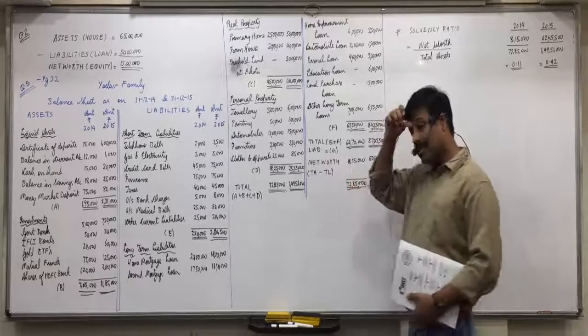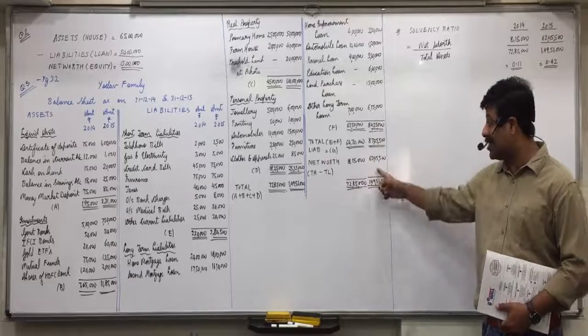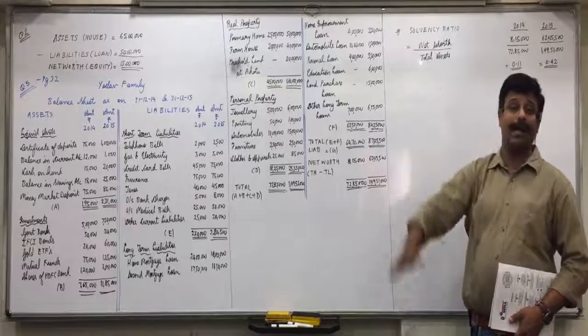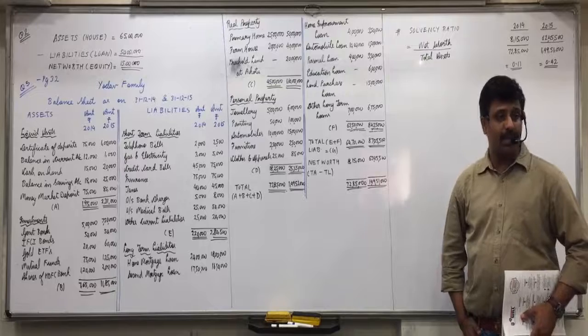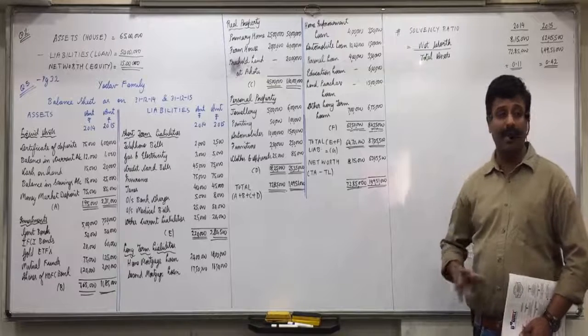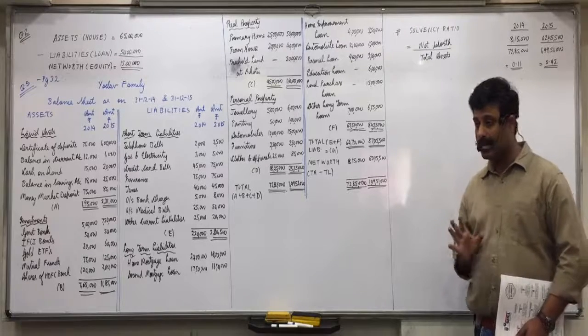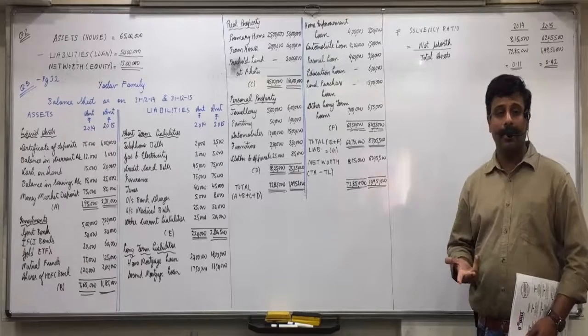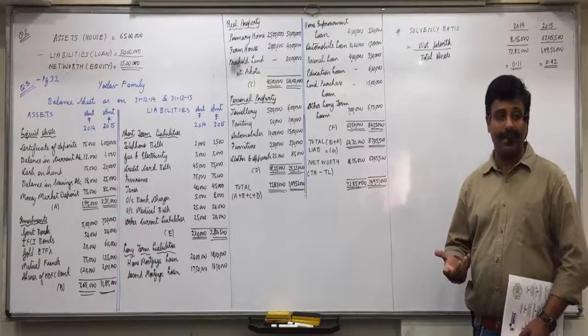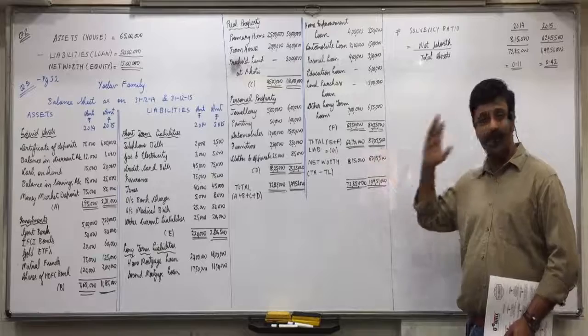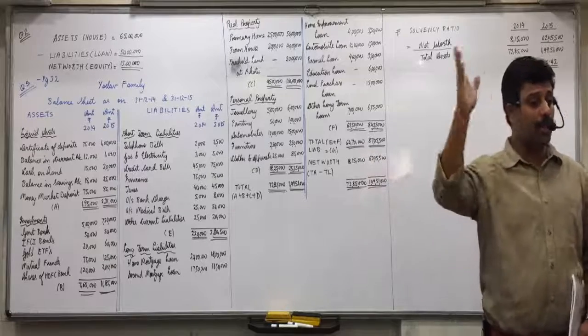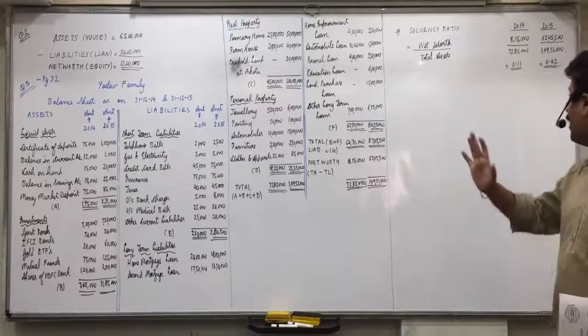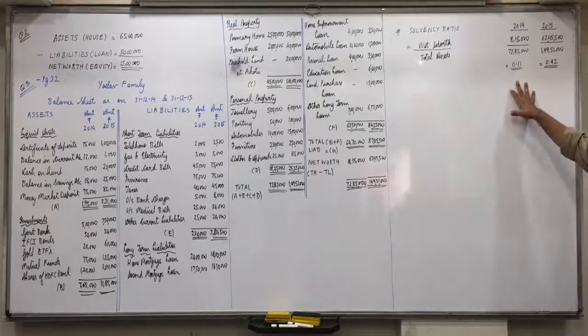From 8 lakhs, straight away your net worth has increased to 62 lakhs. So your financial position is very, very strong. You can easily borrow more amount of loans and debts. 7 lakhs means even if you are not able to pay 7 lakhs, the bank can easily recover because your net worth is 62 lakhs. And your solvency ratio has also improved.